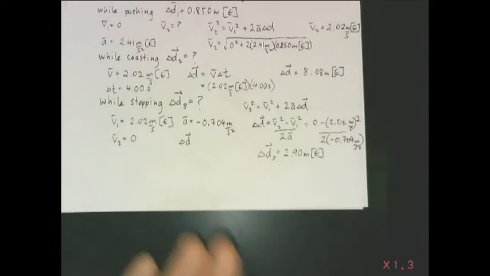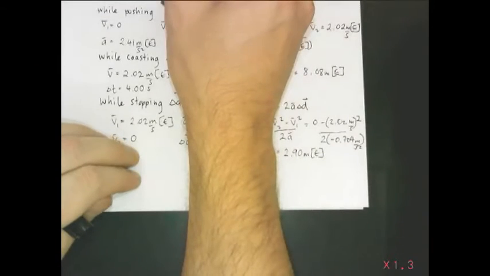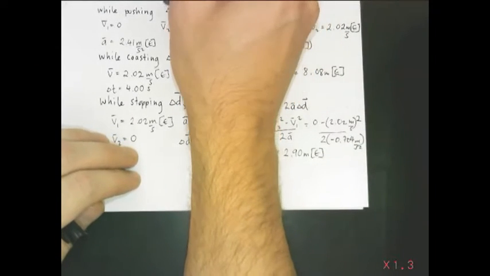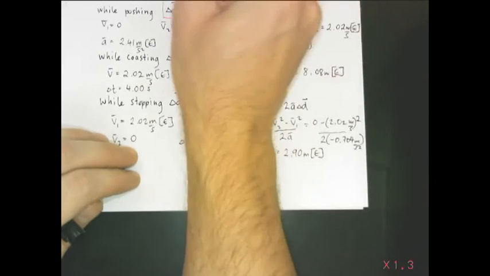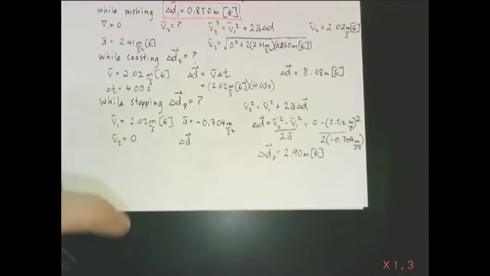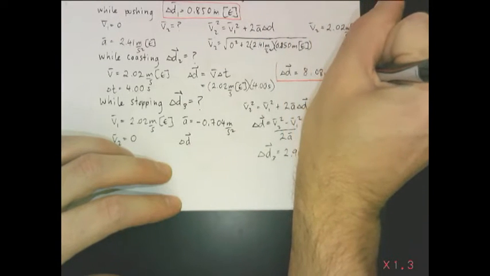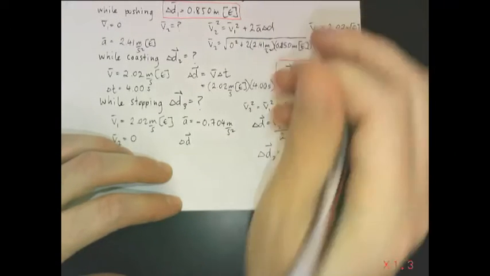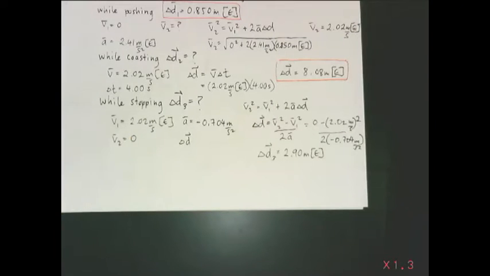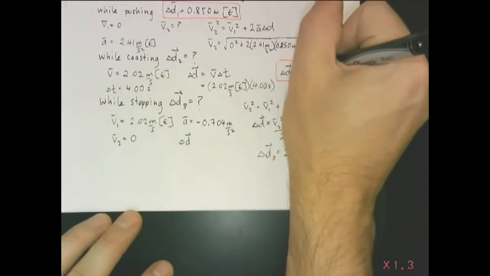Great. So the question initially asked us, how far did this person travel? Well, while pushing, the person traveled a displacement of 0.850 meters. While coasting, this person traveled 8.08 meters. Call this displacement 2.